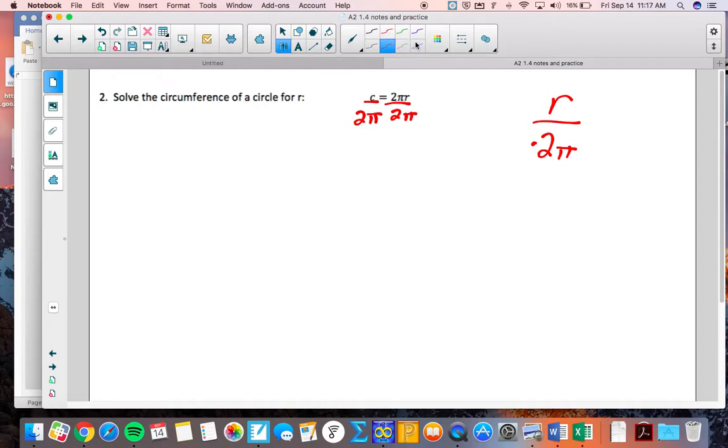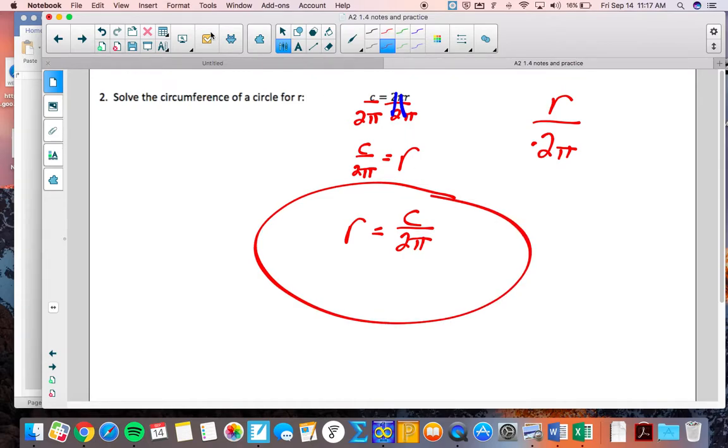Hey, look at this. So now the 2's are gone and the pi's are gone. So we're left with R equals circumference divided by 2 pi. Or R equals C divided by 2 pi, to put that variable on the left side that we solved for.